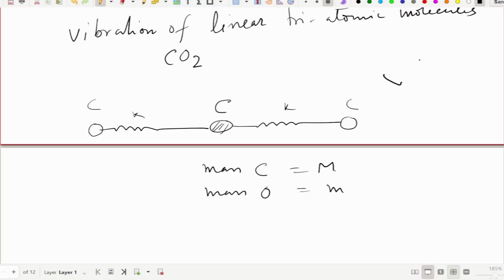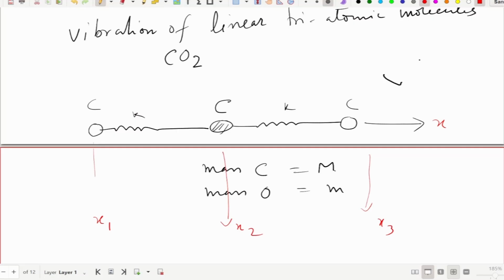The real carbon dioxide molecule is not linear as we are considering here. Let us consider this dimension as the x direction, and at any time the position of the first oxygen atom is x 1, the position of the carbon atom is x 2, and the other oxygen is x 3. So, it is 3 degrees of freedom.